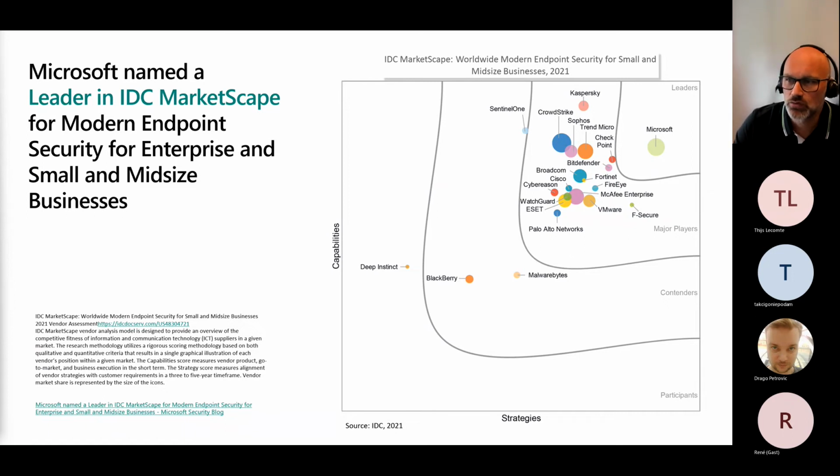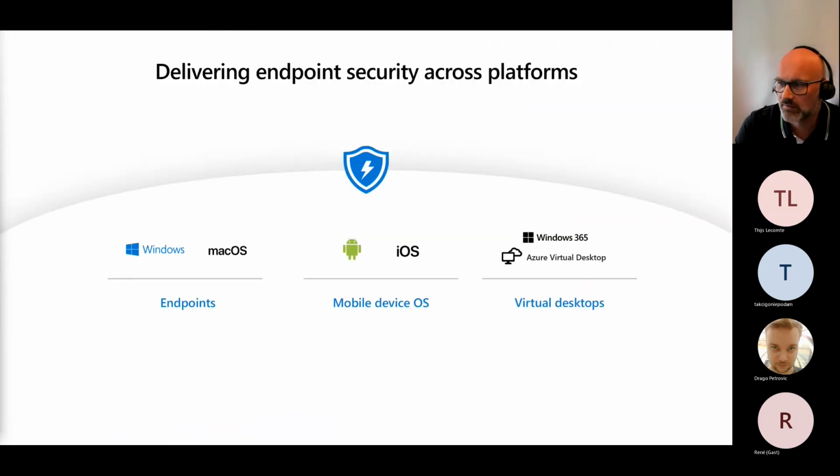So if we look into what the Defender for Business delivers, it actually delivers on several platforms. As a specific endpoint security product, it's available for Windows and macOS with a limited feature set compared to the Windows endpoint. It's also available for Android and iOS, where it can help secure end users on these mobile devices as well.